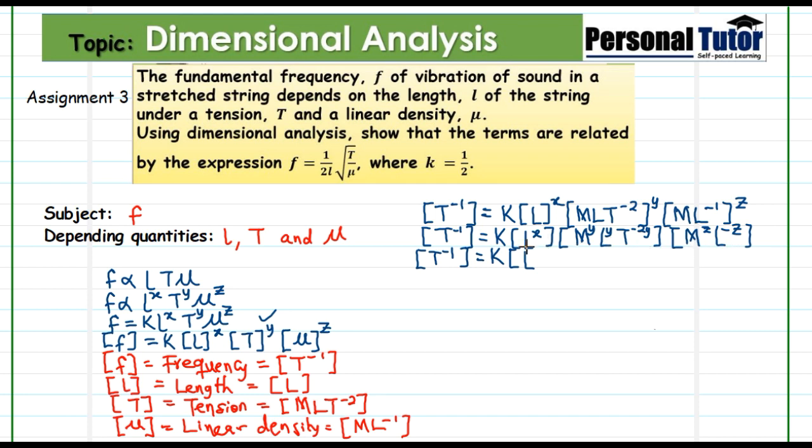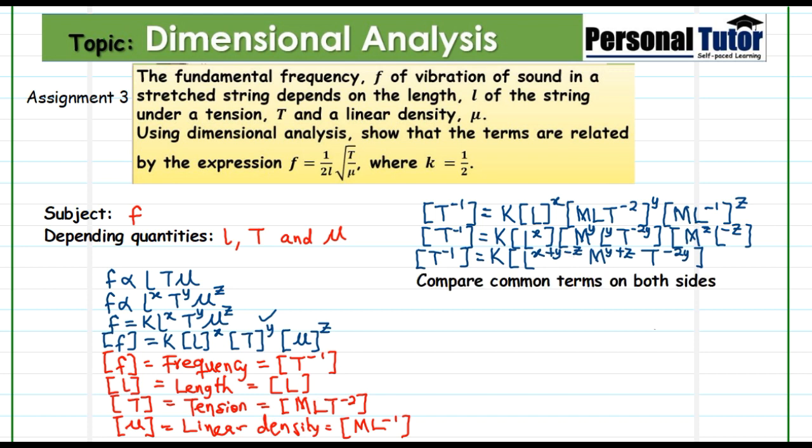Since they are all multiplying, the exponents are added, and that will be S plus Y minus Z. That is for the L. For the M, this has M to the power Y and M to the power Z. Because they are also multiplying, the exponents are added as Y plus Z. And lastly, for the T, you have only -2Y.